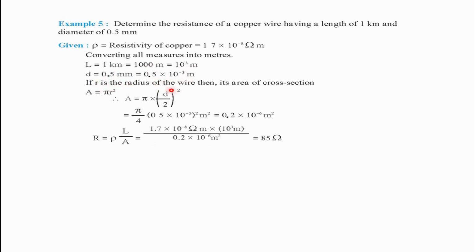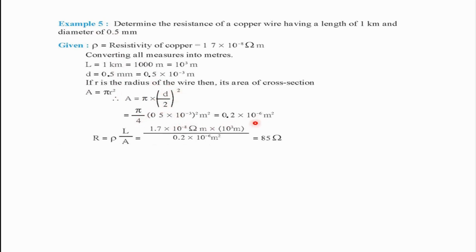If r is the radius, we can find out the area. Remember, my dear students, here the diameter is given, so we have to find out the radius. The radius will be half of the diameter. That's why (d by 2) square.